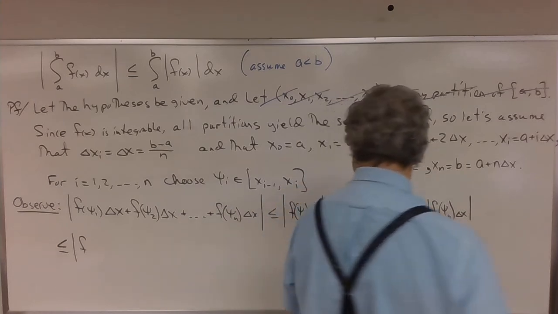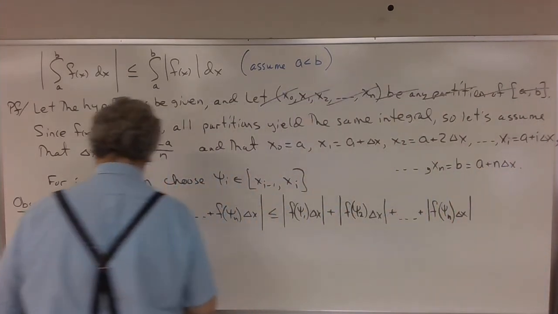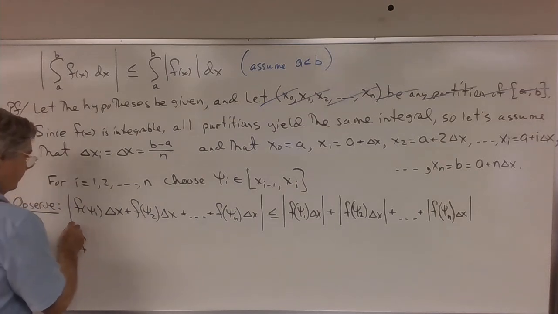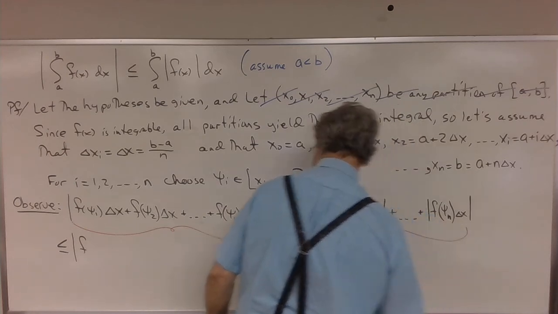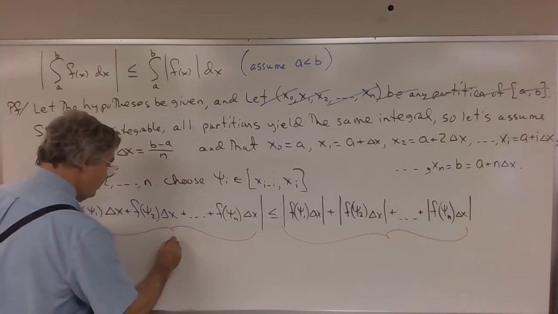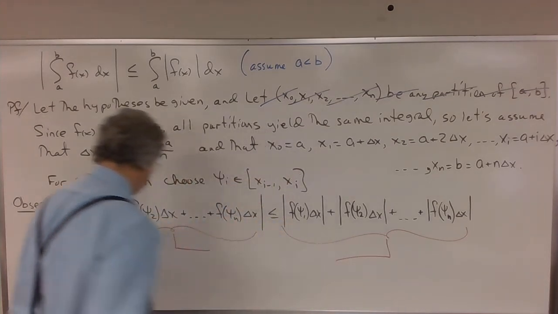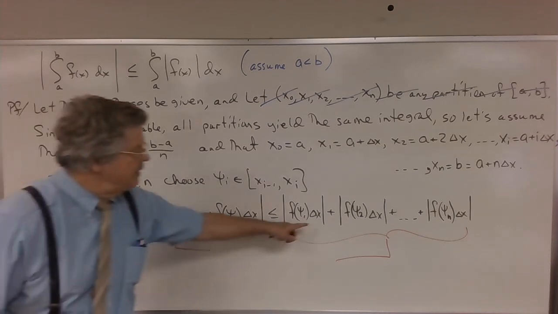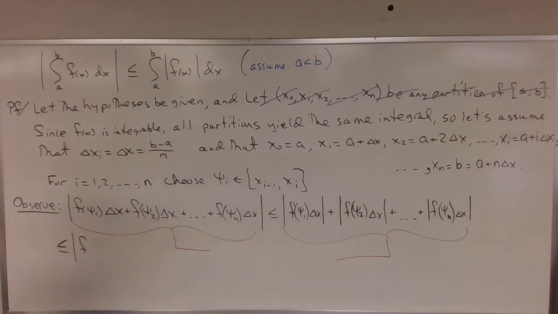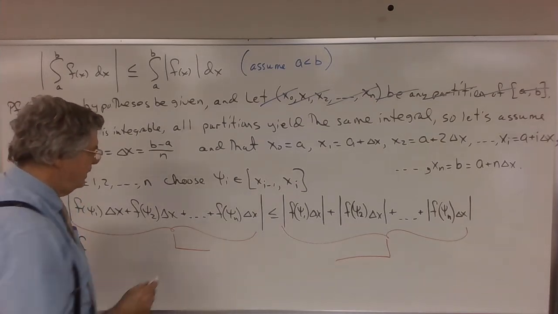I think I will justify the first part of this right now. Why is this thing less than or equal to that thing? If you said the triangle inequality, you're right.